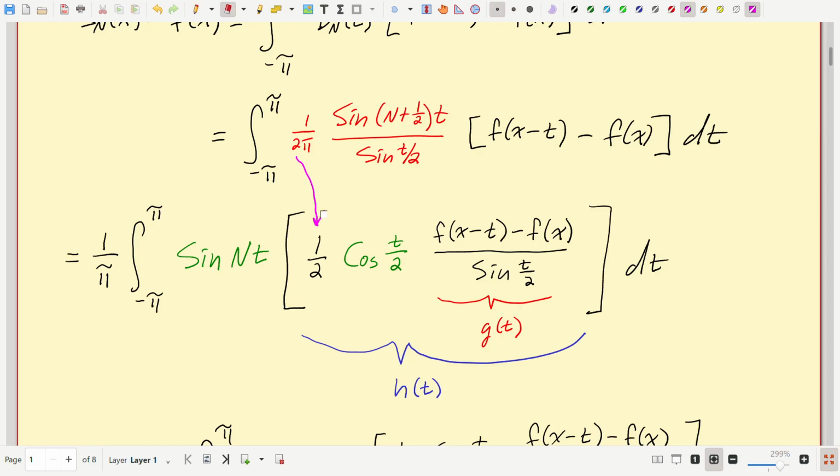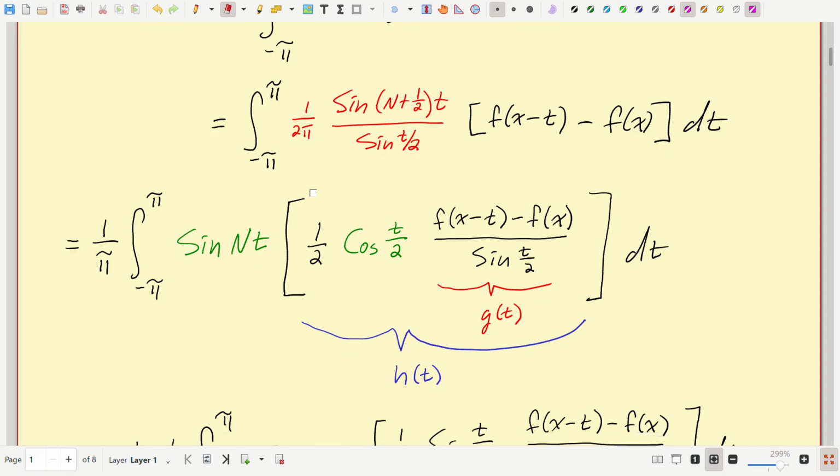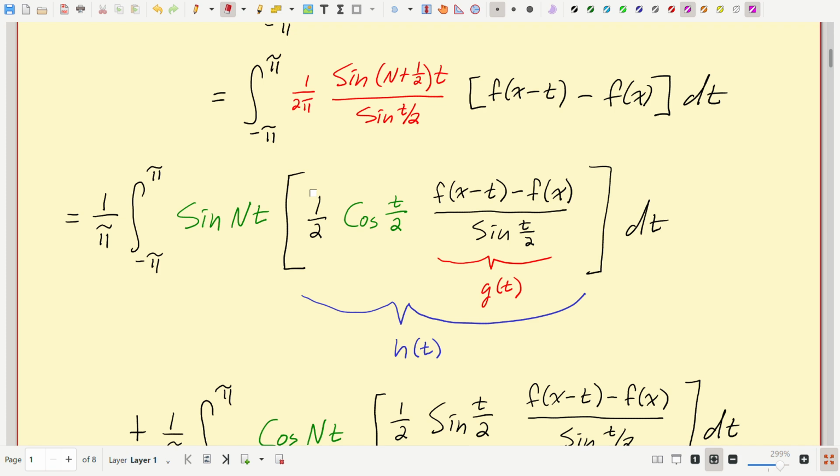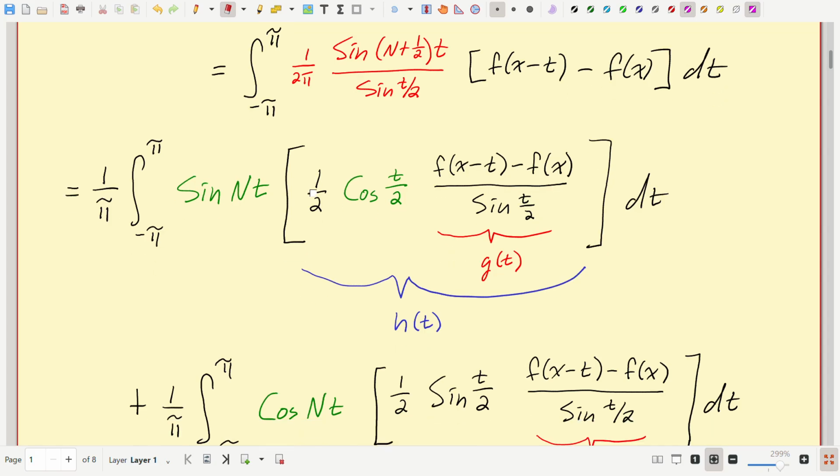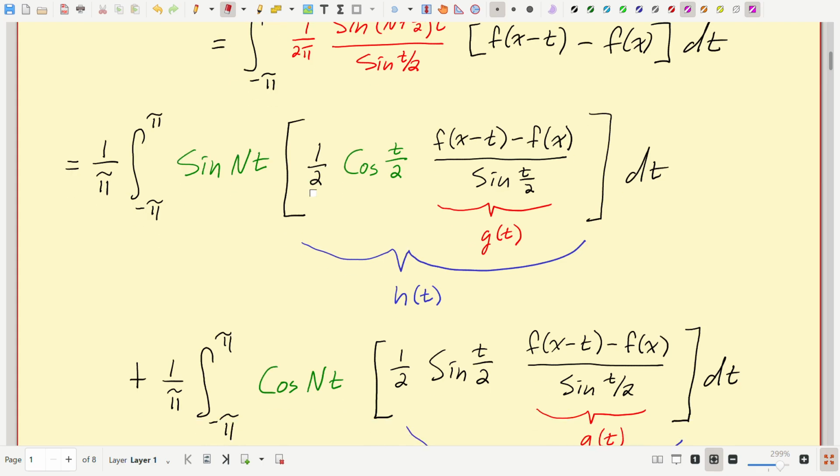And now I'm going to use the sum of angles formula, sine of nt plus a half t. The first term in that is sine nt times cosine t over 2. Those are the green things there. That's the first piece of the sum of angles formula. And then the second piece is cosine nt times sine t over 2.